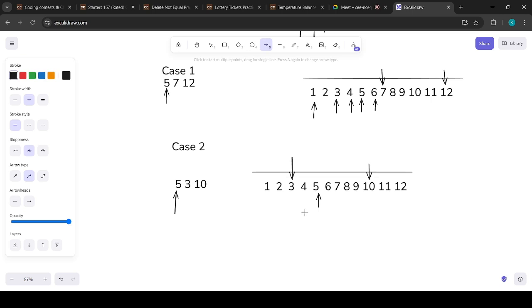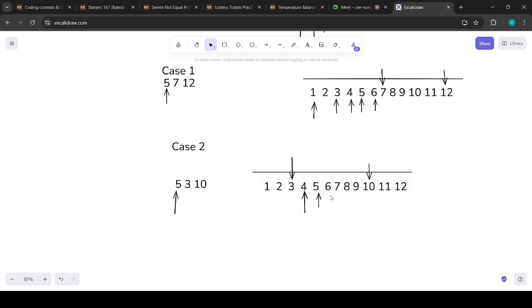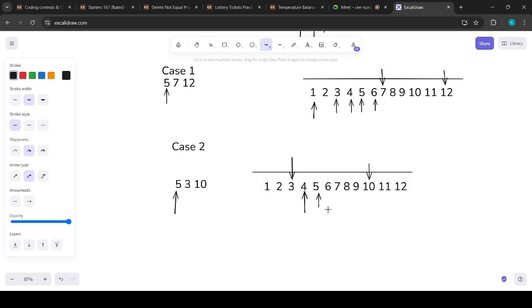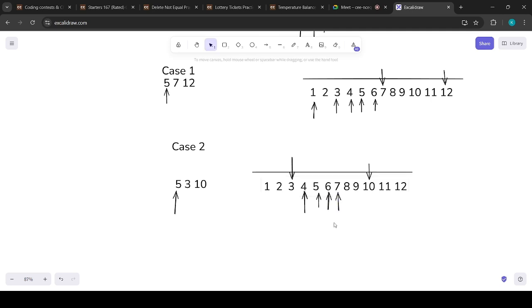So we can take 4, and from 5 to 10 we can take the numbers 6 and 7, because 7 has less distance from 5 and greater distance from 10. So we can take the numbers in the range 4 to 7.